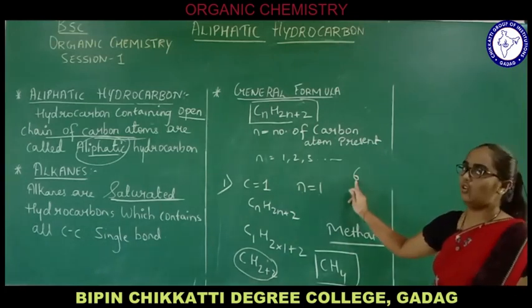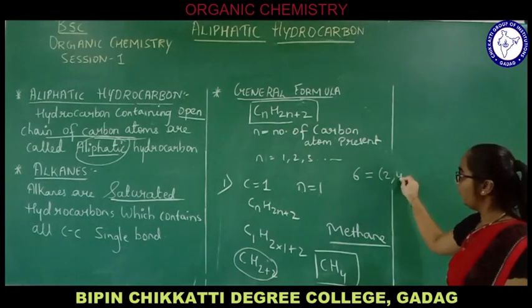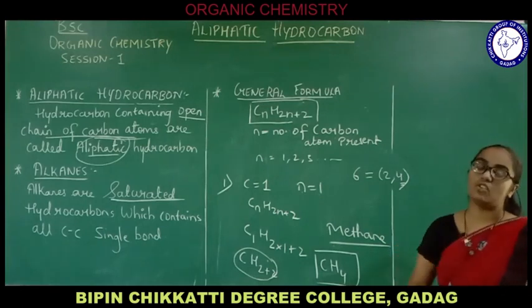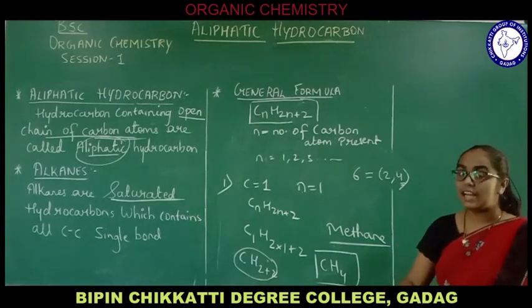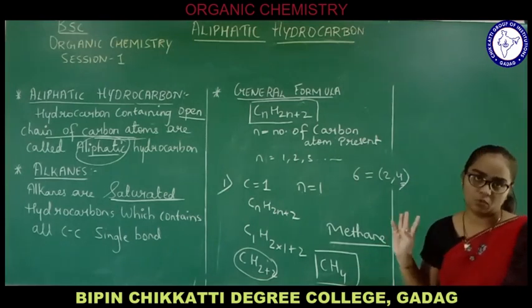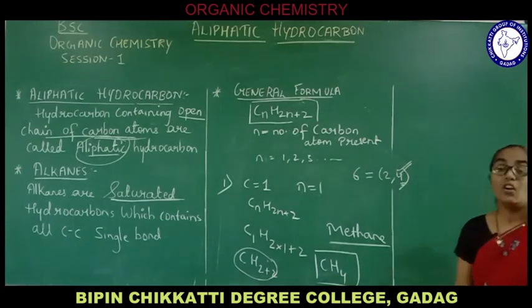So its electronic configuration will be 2, 4, meaning it will have 4 electrons in its outermost shell. If it has 4 electrons in its outermost orbit, it can make only 4 bonds, not more than 4. That is the valency of carbon. So carbon has a valency of 4.